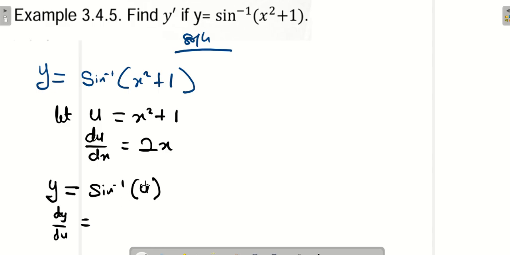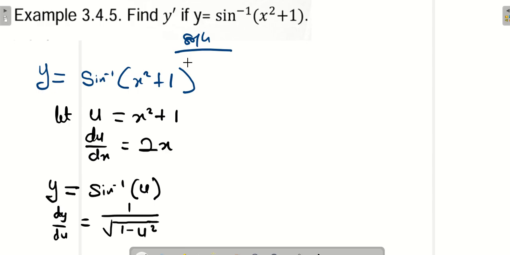Now this is the sine inverse of u, and we know that when you differentiate the inverse sine, you will get 1 over the square root of 1 minus u squared. Let these formulas be on your fingertips. Know them by heart, because you'll be using them in your exams.